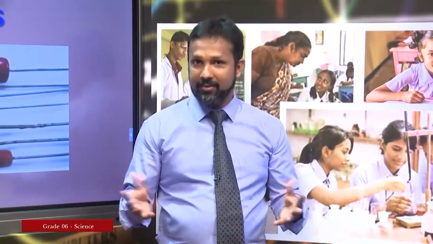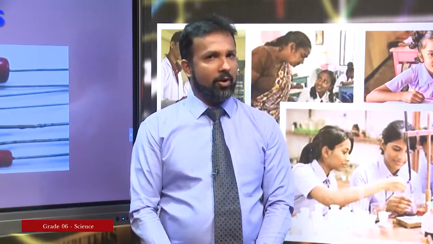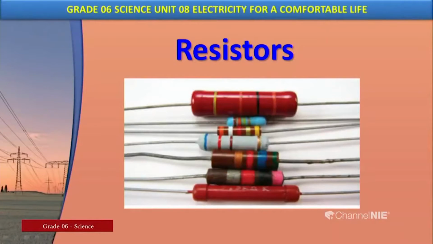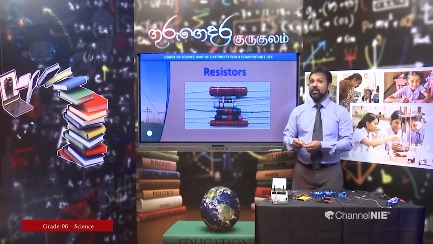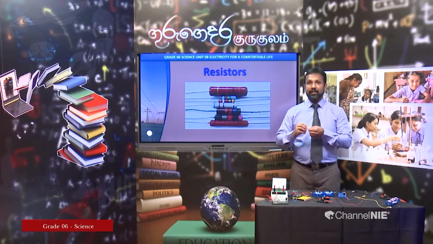What is that? That is called a resistor. Have you ever heard about a resistor? As you can see, the picture shows you some examples of resistors that we use in our day-to-day activities. I also brought several resistors here.